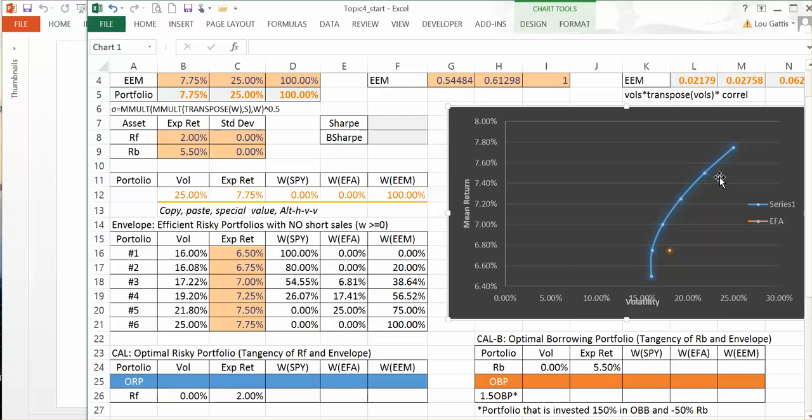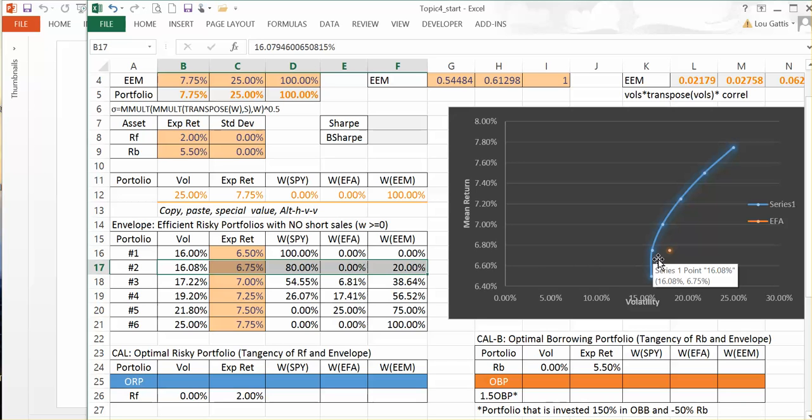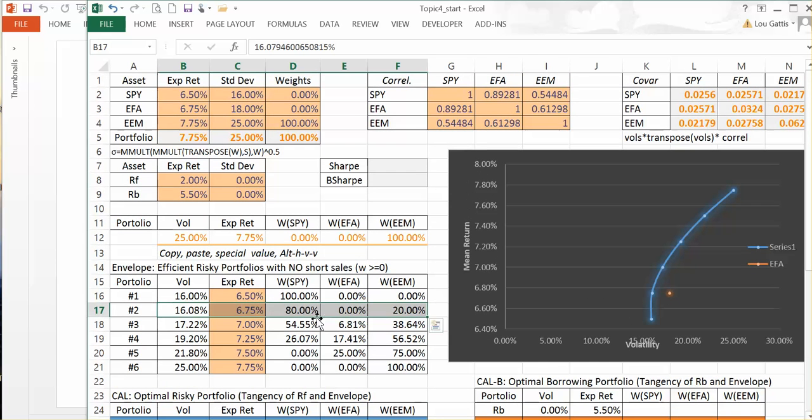So here's my envelope, and what you can see right away is EFA is dominated. I would rather invest in, say, this portfolio here, which is the second portfolio, which combines SPY and EEM, because that portfolio has less risk, going from 18 down to 16, with about the same mean return along this line. So this portfolio is clearly dominating EFA.